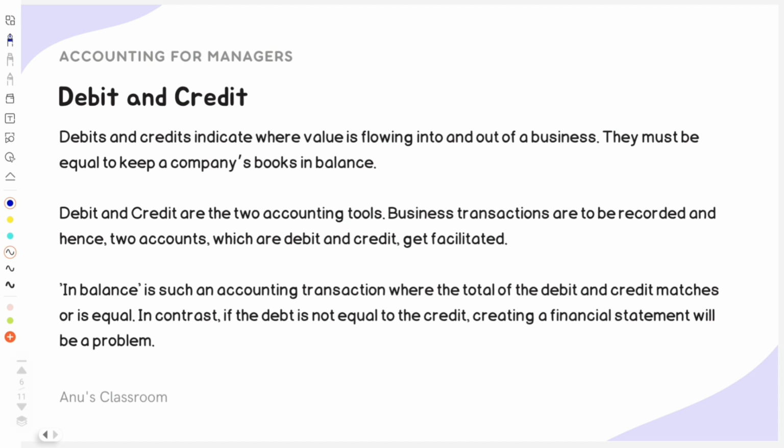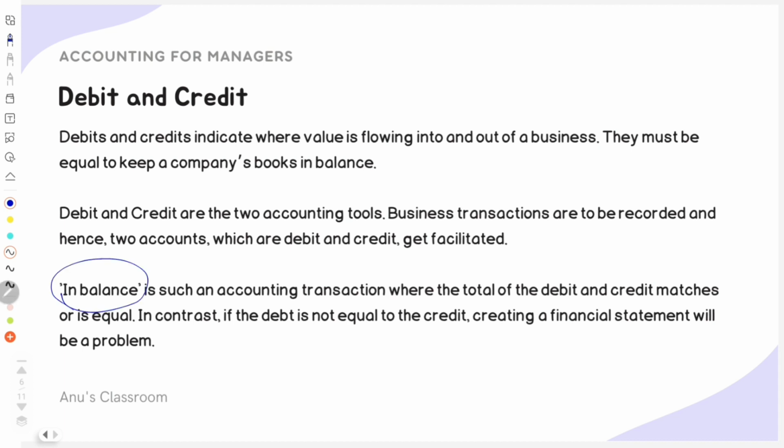Debit and credit are the two accounting tools, and business transactions have to be recorded in these two accounts. When the debit side is equal to the credit side, that is when we say the transaction is in balance.